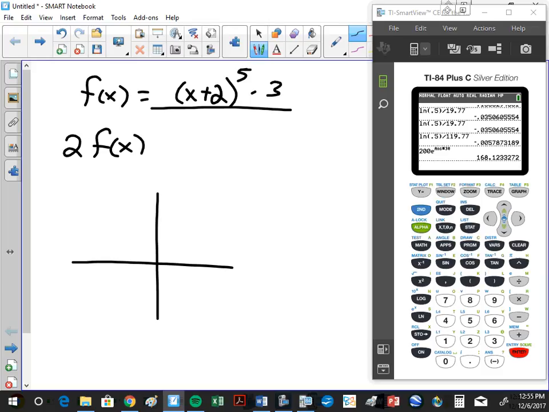So it's going to make it twice as tall, and this negative 3 becomes negative 6. Originally, it was left 2 and down 6. And now it's going to be left 2 and down 12. Okay? And it's really tall. Okay, let's try another one.